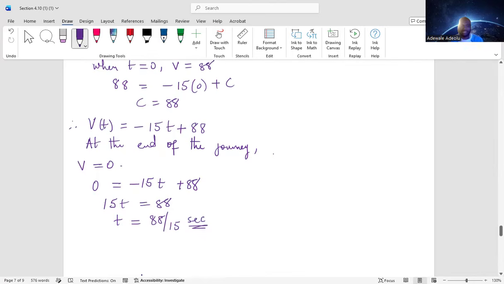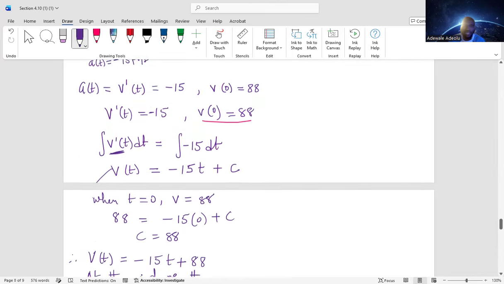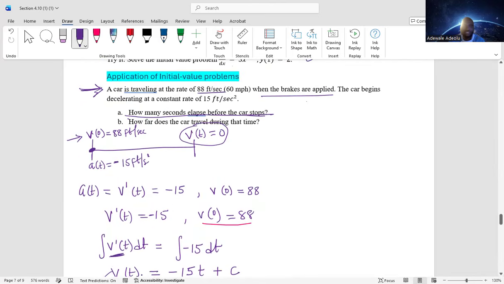That is that. And now the second question is, how far does the car travel during that time? The question of how far has to do with distance. So we want to find the distance covered from the point when the brake is applied to the end.